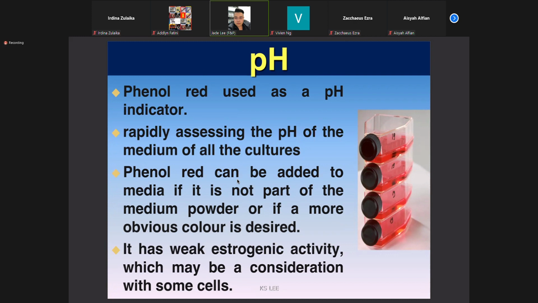It's a rapid way of assessing the pH of the media of all the culture, and phenol red can be added to the media if it is not part of the media powder, or if a more obvious color is desired. It has a weak estrogenic activity, which may be a concern in some cells. So you need to be careful about the amount of phenol red used in the cell culture.